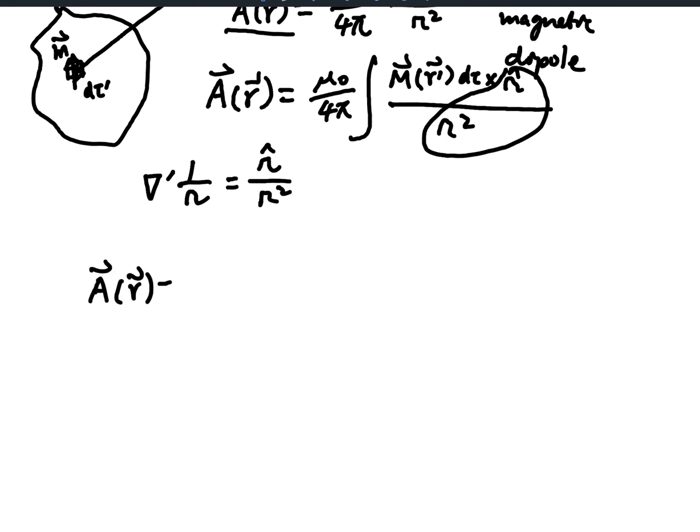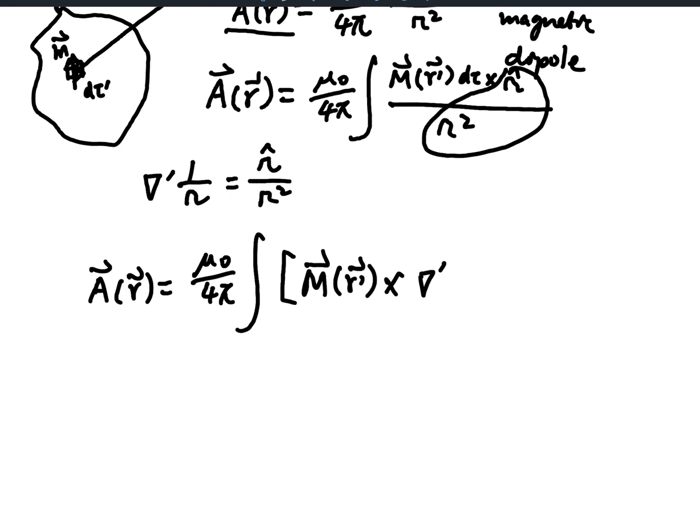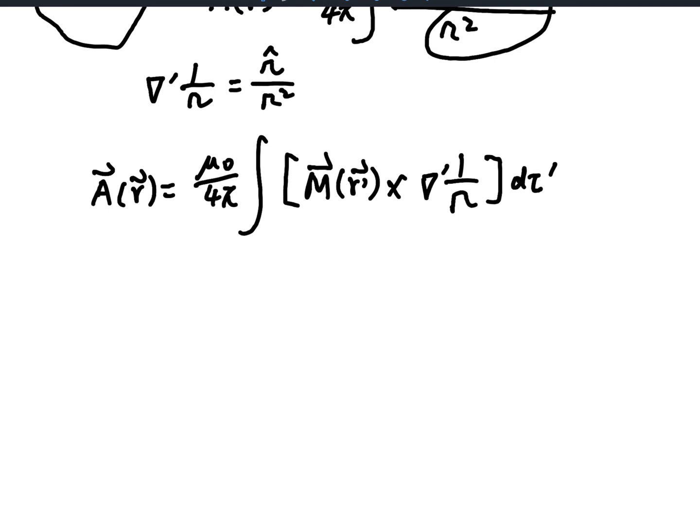So this A of r becomes mu 0 divided by 4 pi, integral of M of r prime times this derivative of 1 over cursive r, d tau prime. Now what we need to do is to use integrating by parts.